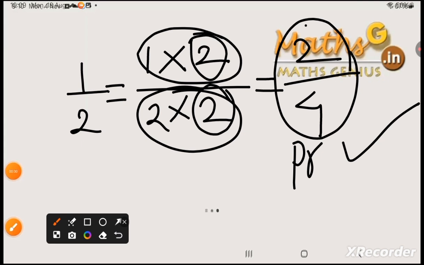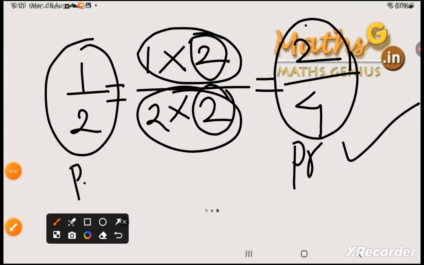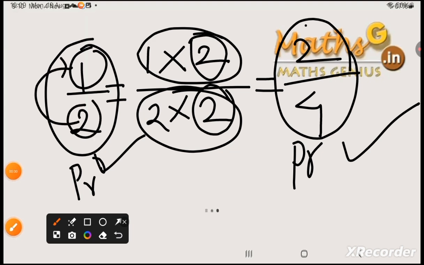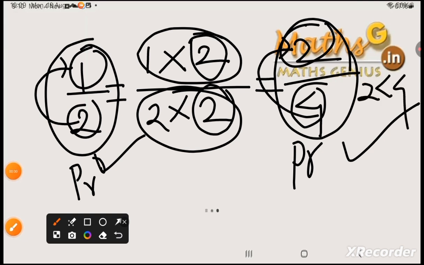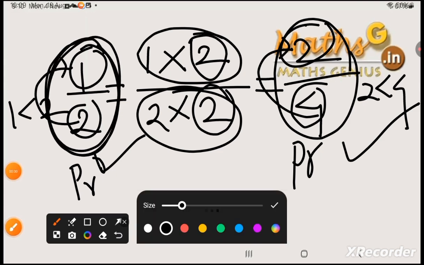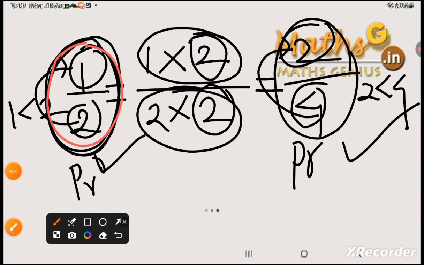Yes. Is 1 by 2 a proper fraction? Yes. Why? The numerator is lesser than the denominator. Here also the numerator is lesser than the denominator. 2 is lesser than 4, 1 is lesser than 2. So 1 by 2 and 2 by 4 both are proper fractions. That is one way we were discussing.